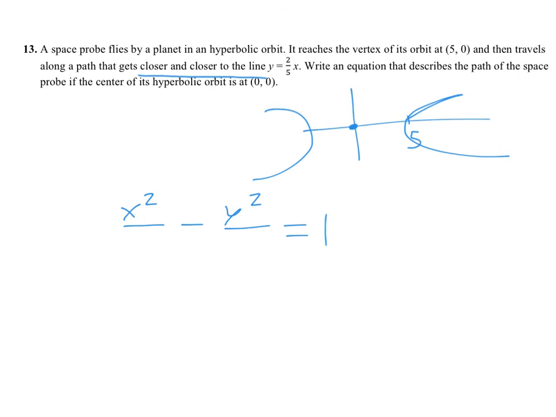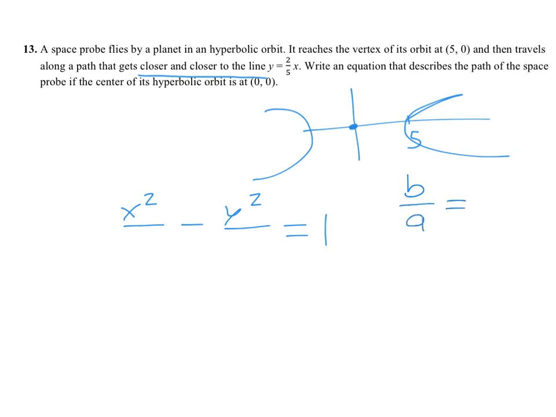Okay, so we know from our lesson on hyperbolas that the slope for asymptotes is either a over b or b over a. It really depends on what's underneath y. So in this case, it's horizontal. So b squared is under y. So the slope of the asymptotes is going to be b over a because it's horizontal.